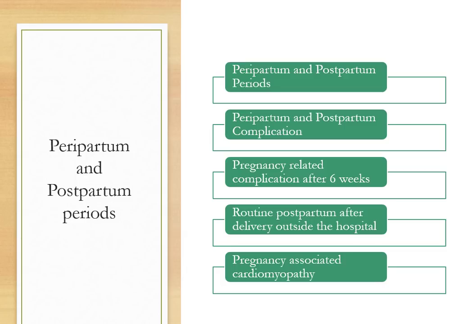Remember, the peripartum period is defined as the last month of pregnancy to 5 months postpartum. One note about this code, O90.3: it's only for use when the cardiomyopathy develops as a result of the pregnancy in a woman who did not have a pre-existing heart condition.